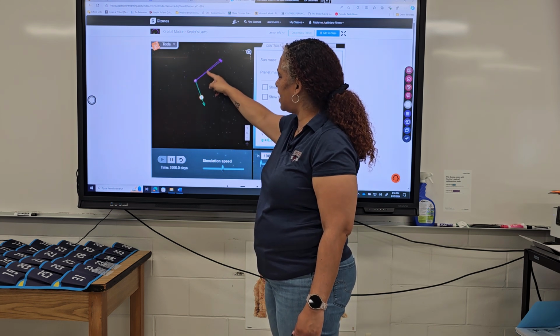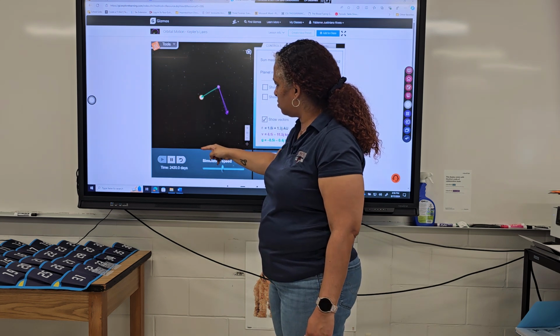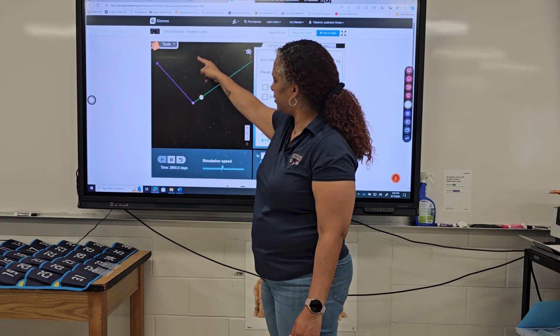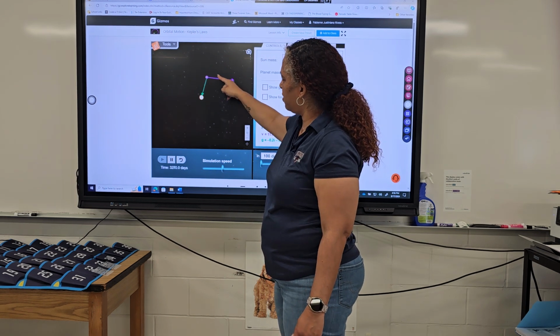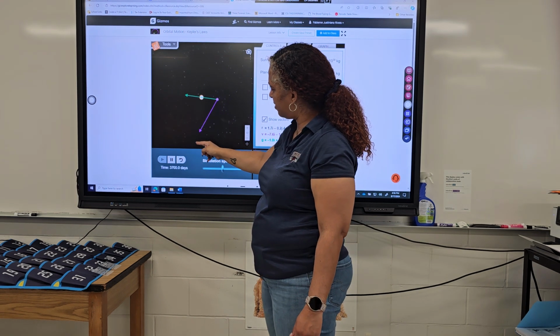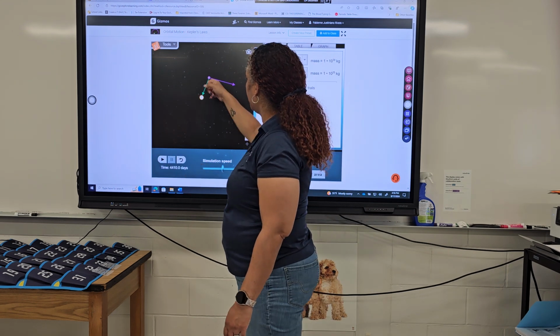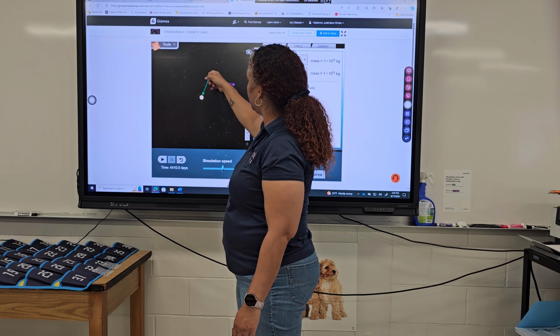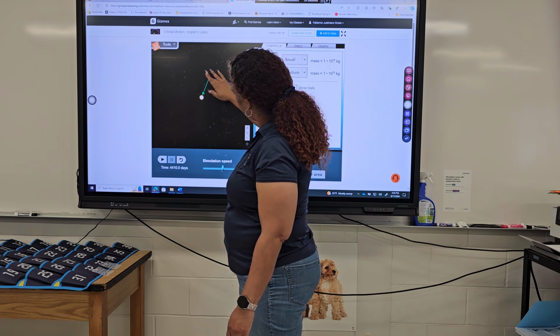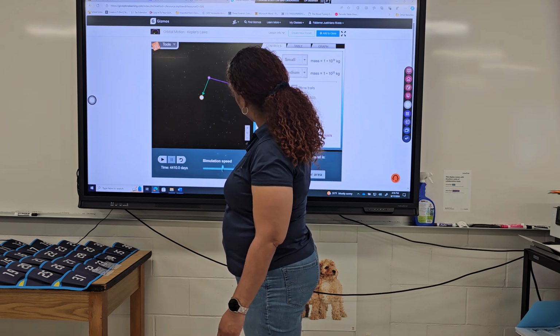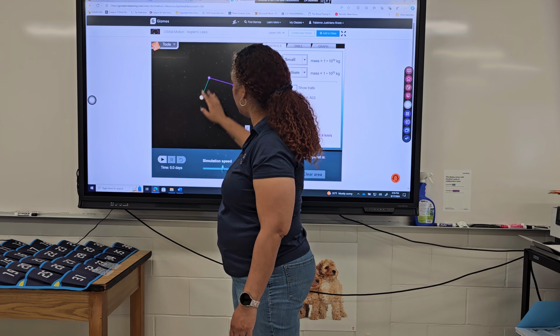Now you'll notice it has a very strict elliptical pattern here. It's further away over here, and it's getting closer over here, so the gravitational pull is greater. Now, if we were to move it, I can't get it to move, let me reset.